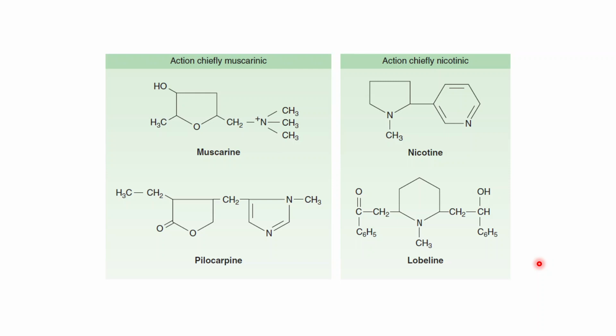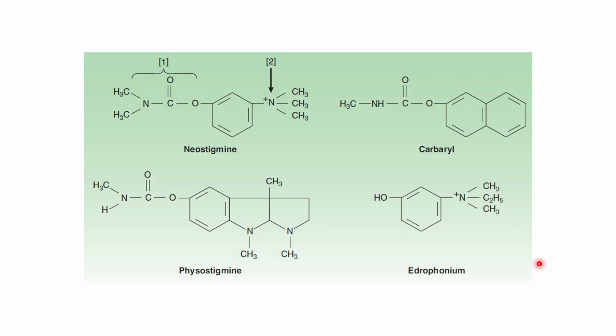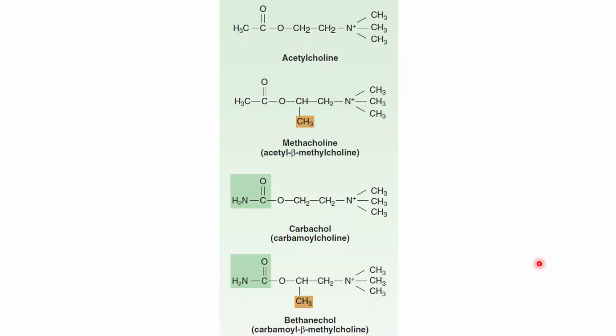So, the mechanism of action is based on the action on the receptors, because acetylcholine is released by the parasympathetic nerves and activates muscarinic receptors on effector cells, and this is direct action.